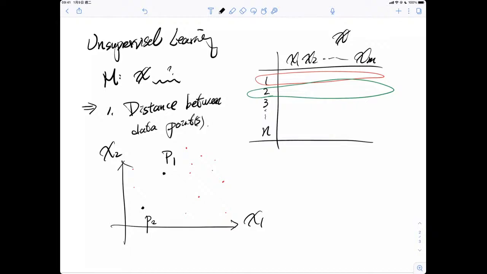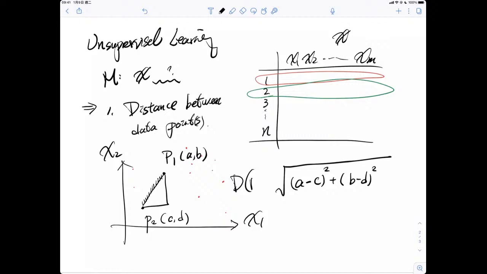There are several different ways. Basically, the most straightforward one is the distance right here. So how do we calculate the distance? Point 1 is AB, point 2 is CD. A minus C. Distance between P1 and P2 equals AC.